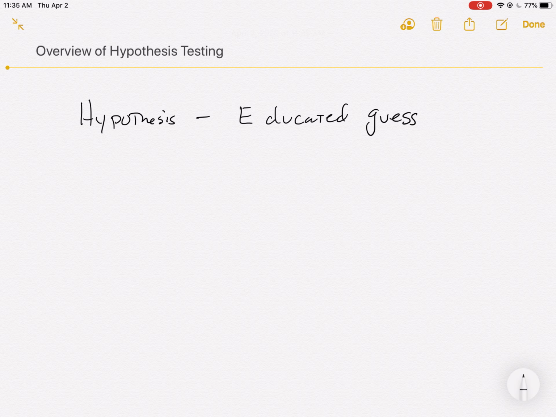Our job is to look at a situation and read what they are claiming. That's often how a hypothesis will be expressed. They'll talk about a claim, but they're never going to claim it based upon nothing. It will always be based on an educated decision, meaning that you have some data to support it.